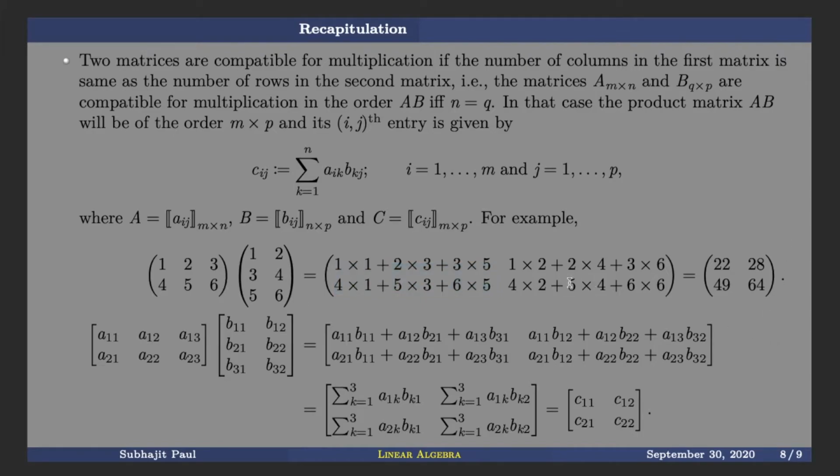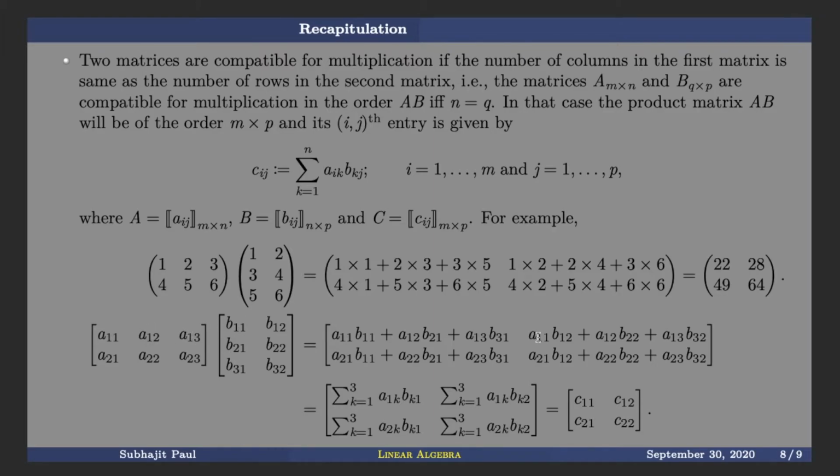Now I have shown another example over here, to check with the given definition whether this makes sense or not. This is also a 2 by 3 matrix and this is a 3 by 2 matrix. So the product matrix will be a 2 by 2 matrix again. The first entry will be this row into this column: A11 B11, A12 B21, A13 B31.